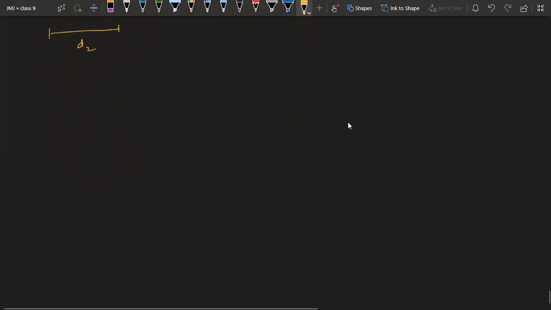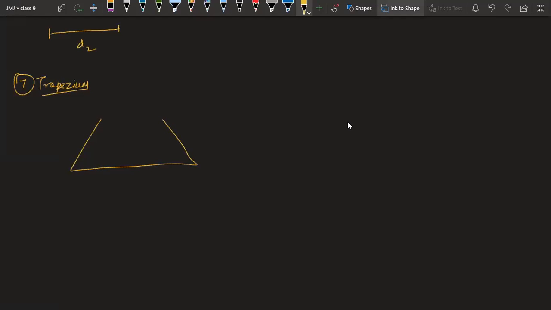Now trapezium. We have also discussed it in the last class. Sir, why not a square?